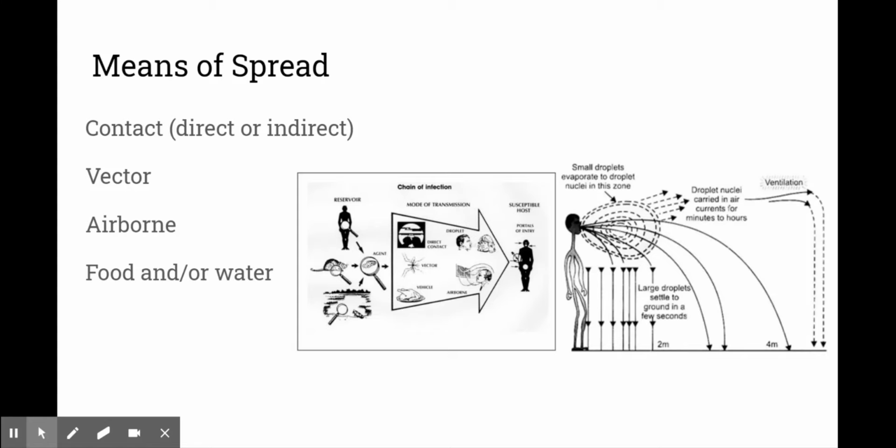So, the way that a pathogen spreads will affect its R naught. Diseases that are spread either through contact, directly or indirectly, those that are spread through vectors like mosquitoes or ticks, those that are airborne, and then some spread through food and water.